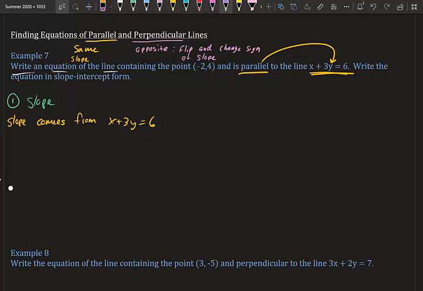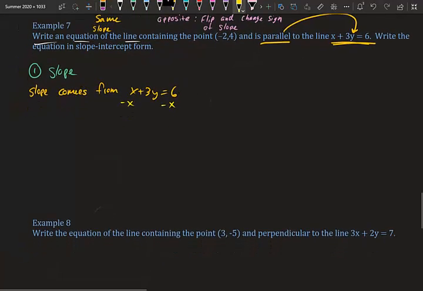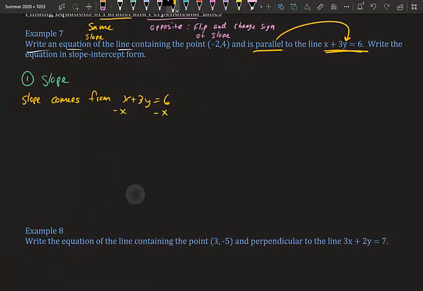So let's solve for y. We're going to subtract x from both sides. When we do, we have 3y equals -x plus 6. Divide everything by 3. So we're left with y equals -1/3 x plus 2. Whenever there's just an x there, remember there's a 1. There's always a 1.